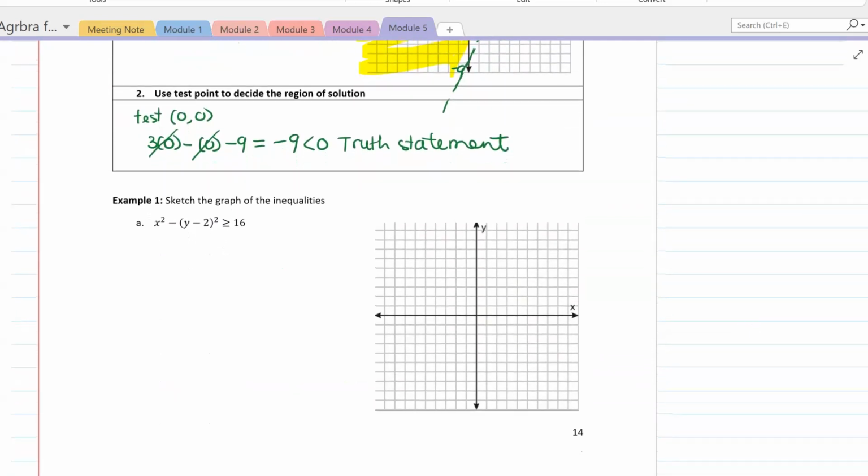Let's get the graph of the inequality. Well, this is a circle with center at 0, 2, and the radius r equal to square root of 16, that is 4.